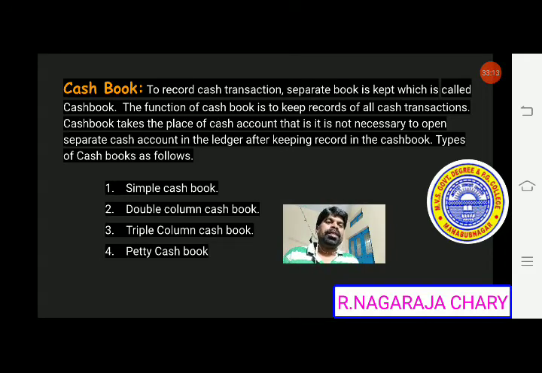On the left side, the debit side, we write all the cash receipts, and on the credit side all the payments. When recording receipts on the debit side, we start with 'To'. When writing payments on the credit side, we start with 'By'.